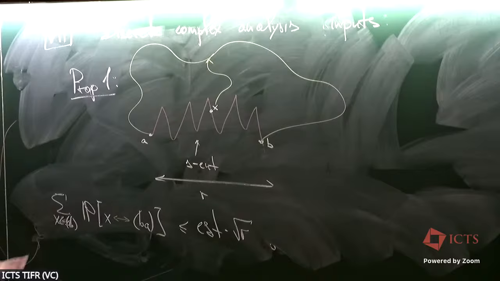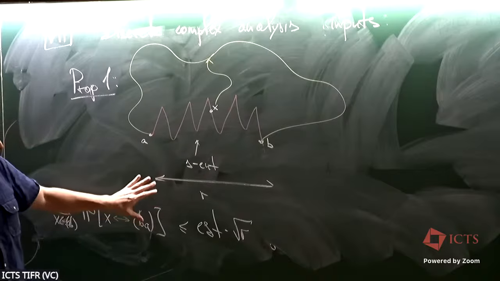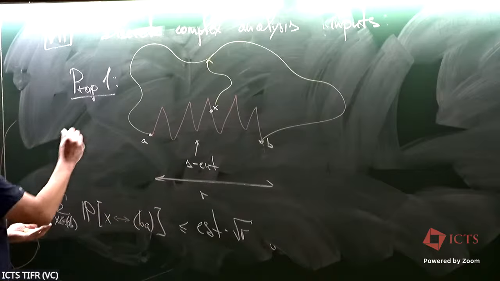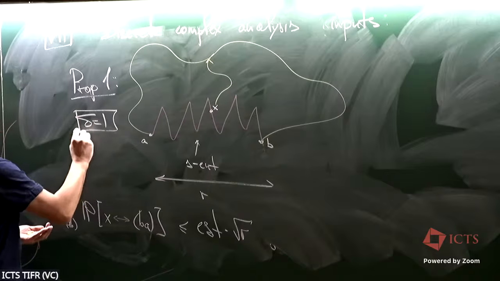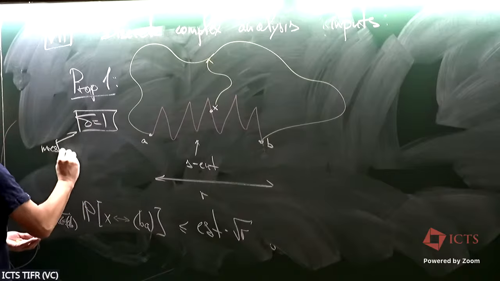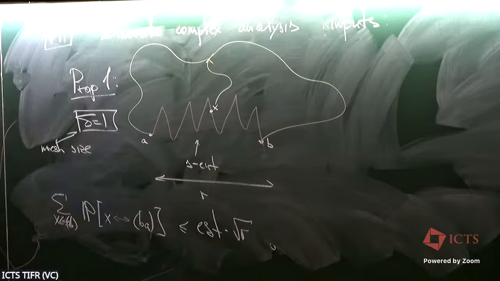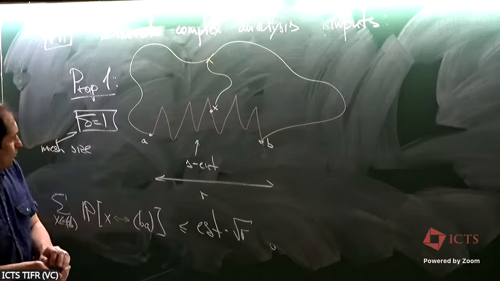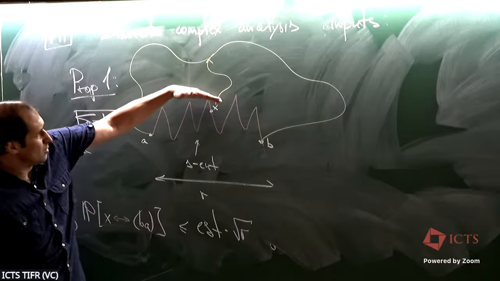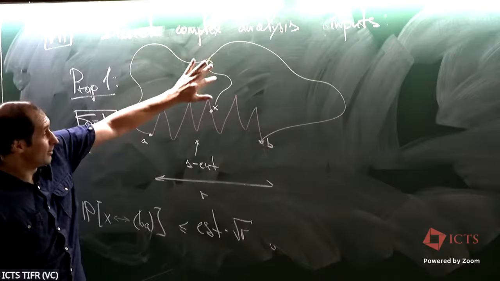Okay. So there are roughly R points, and the mesh size is 1. Each point contributes 1 over. So for that, well, in full generality, this cannot be true. If the yellow boundary is too close to the red boundary, then these probabilities are huge.